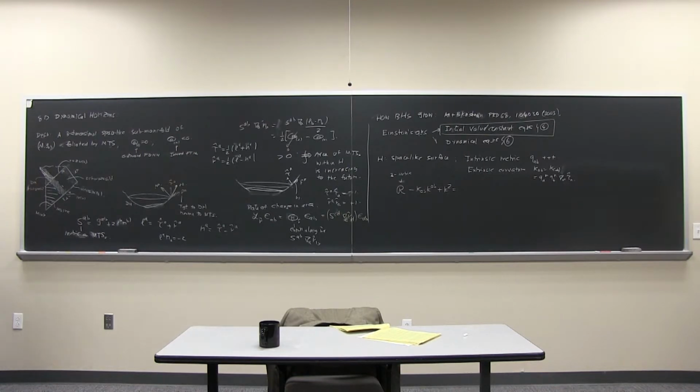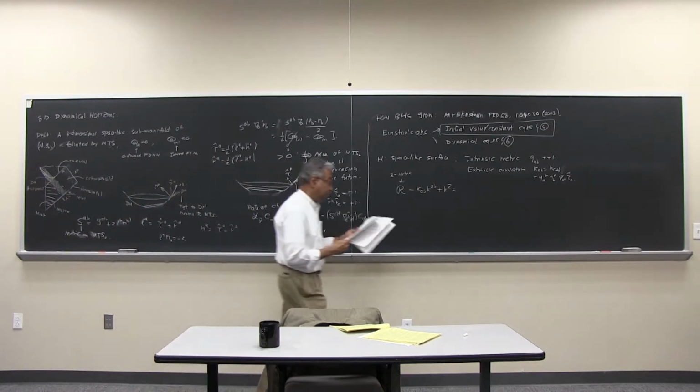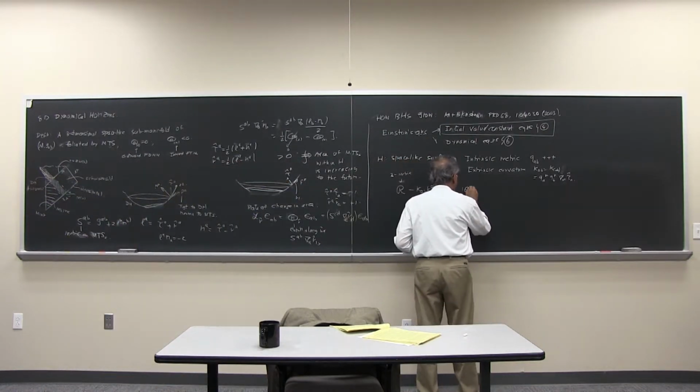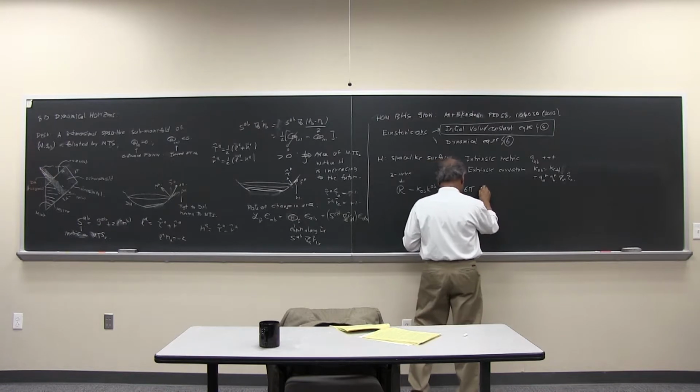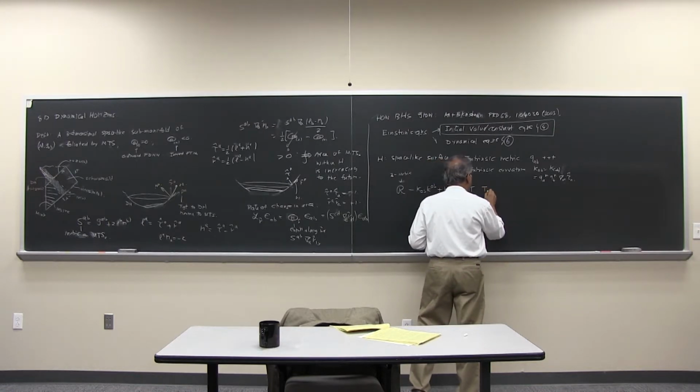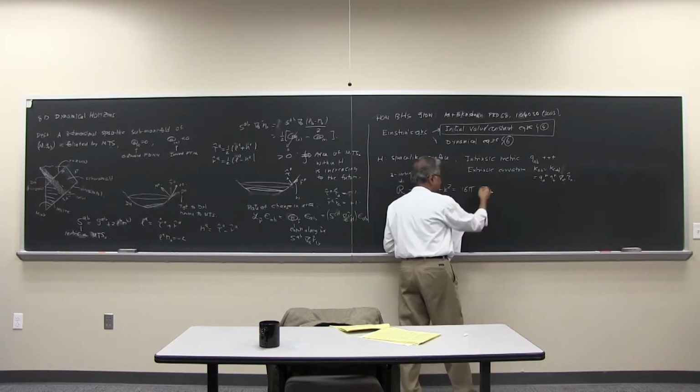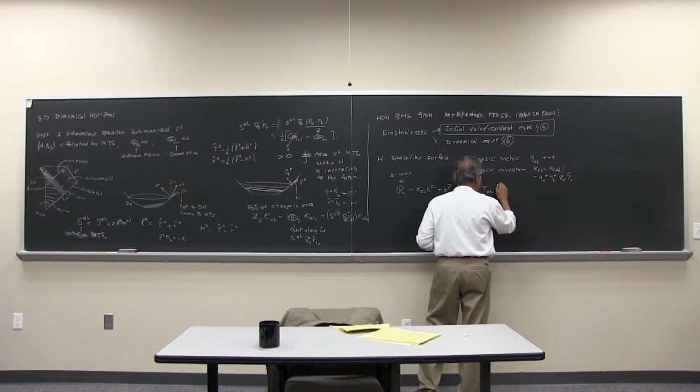Yeah, sorry. 16, right? Equal to 16 pi times the Einstein tensor, G_ab tau-hat^a tau-hat^b.